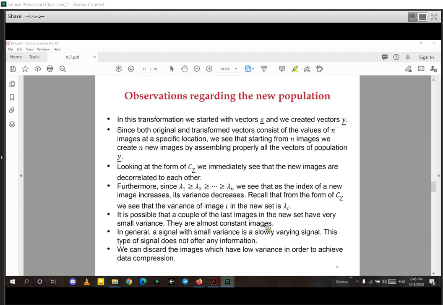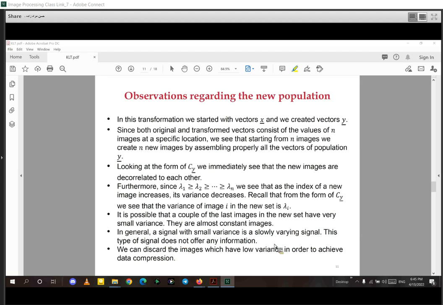That's right. It's possible that a couple of the last images, the small variance images in the new set or Y set, have very small variance. They are almost constant images.